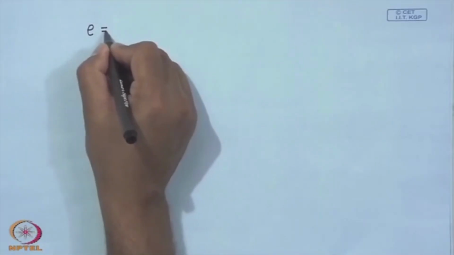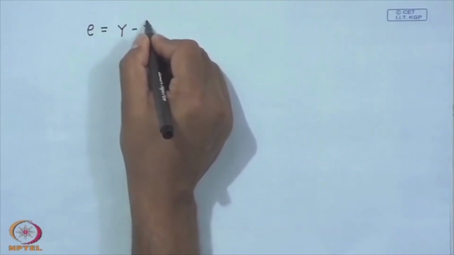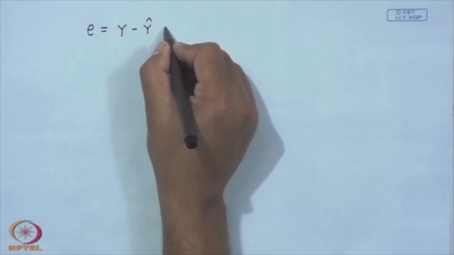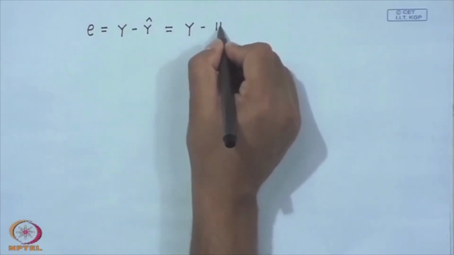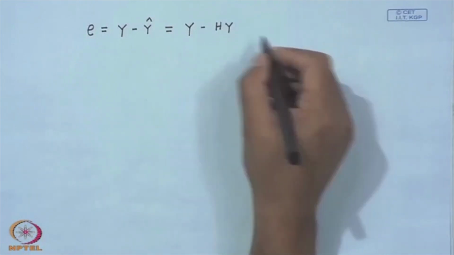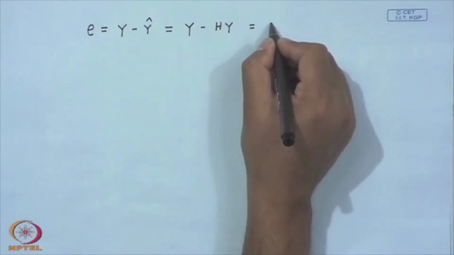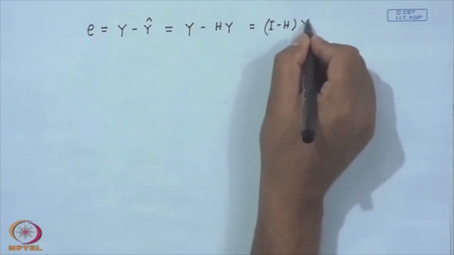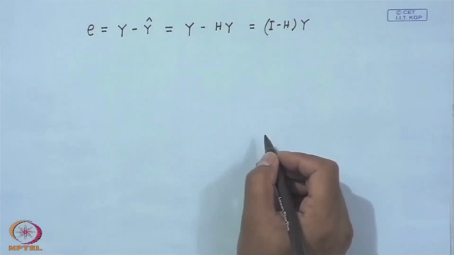E is equal to the observed value minus the estimated value. Okay. So, just now we have proved that y hat is equal to H y, right. So, this one is equal to (I minus H) y. So, I is the identity matrix. Okay.